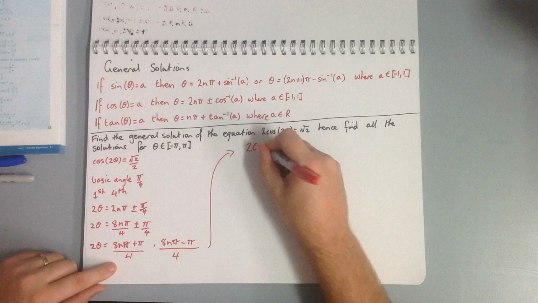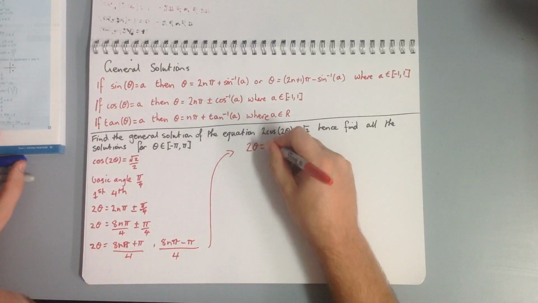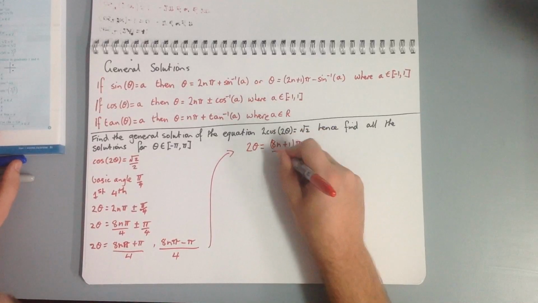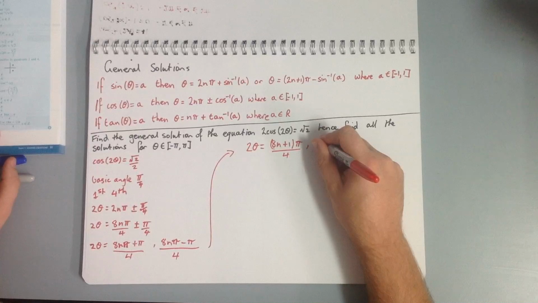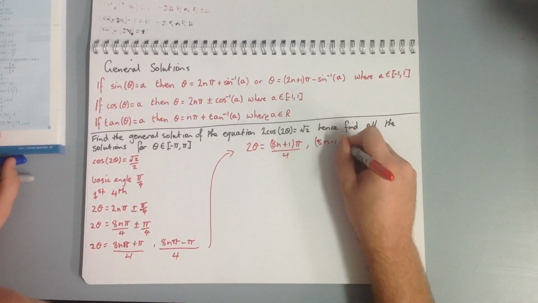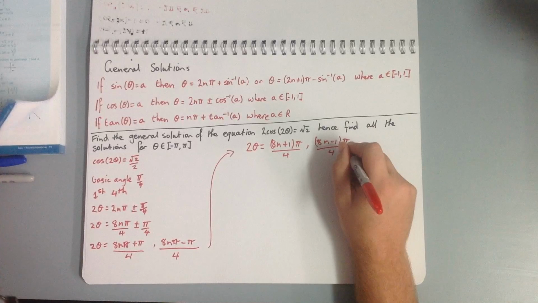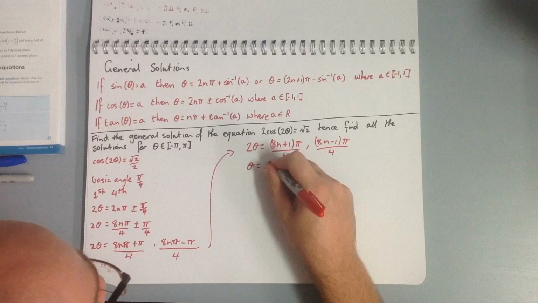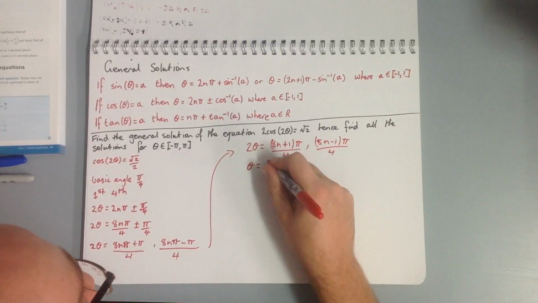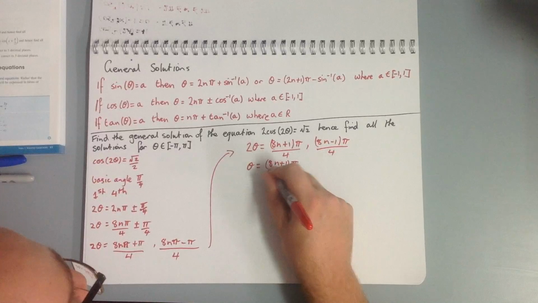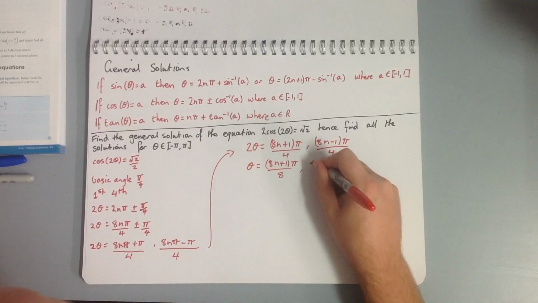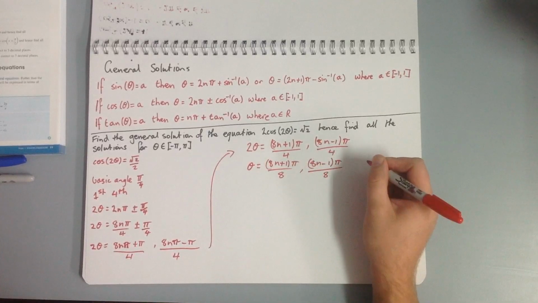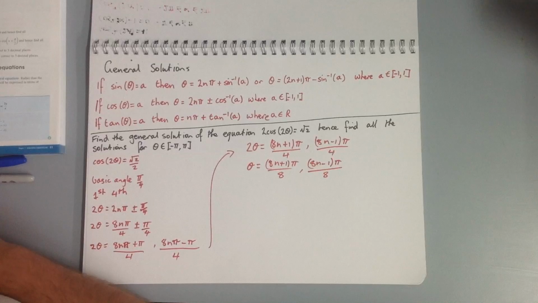We can say 2 theta equals 8n plus 1 times pi on 4, or 8n take 1 times pi on 4. Therefore our theta equals 8n plus 1 pi on 8 and 8n take 1 pi on 8. Okay, so getting there.